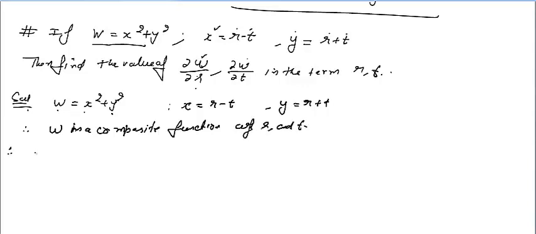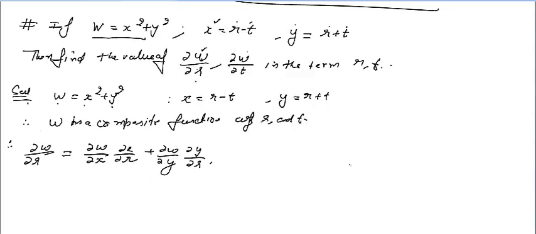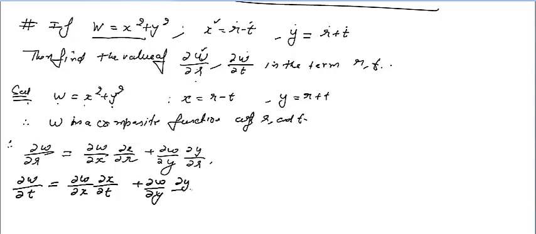So therefore ∂w/∂r will be equal to ∂w/∂x ∂x/∂r plus ∂w/∂y ∂y/∂r. That is one thing that you will use. And another thing, ∂w/∂t will be equal to ∂w/∂x ∂x/∂t plus ∂w/∂y ∂y/∂t.